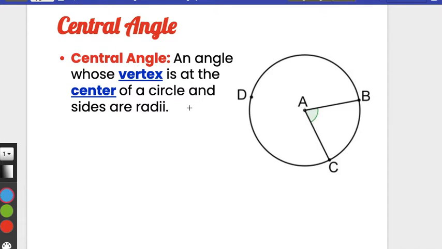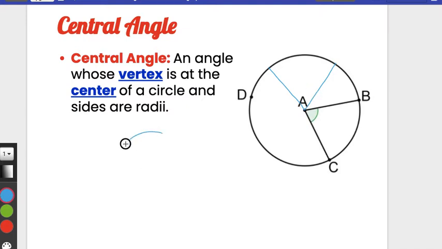The two sides of the angle are formed by two radii. As we mentioned, radii is the plural for radius.